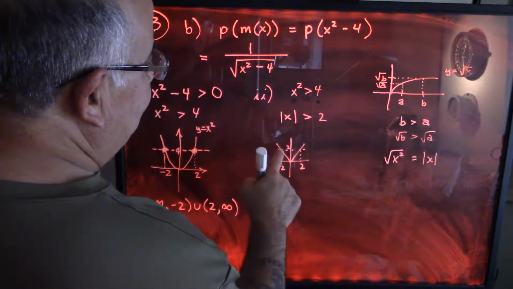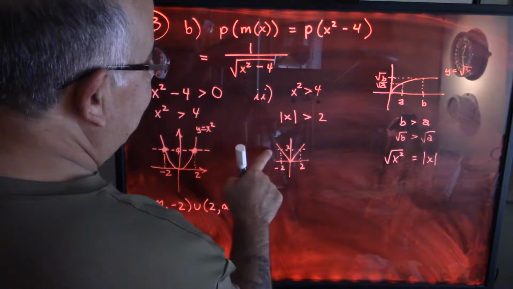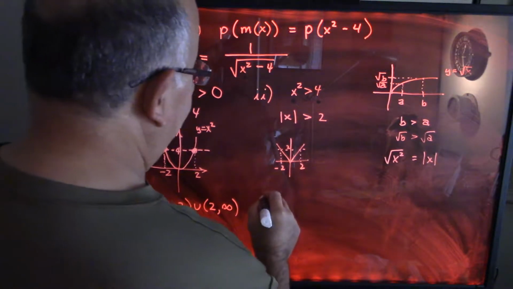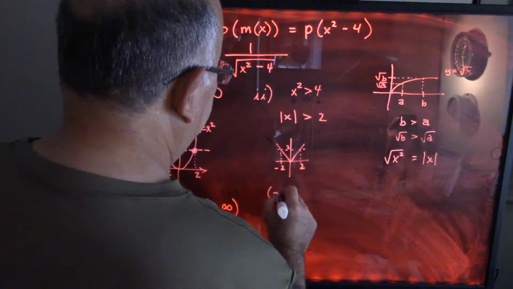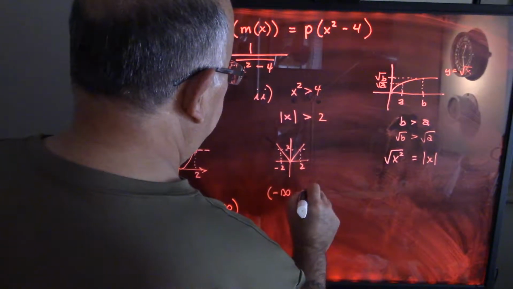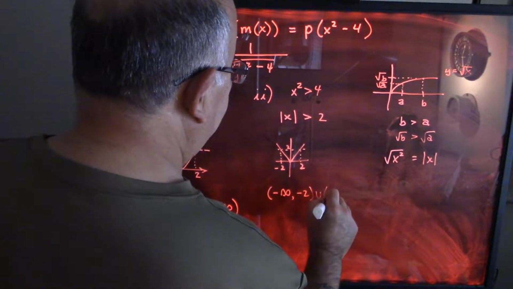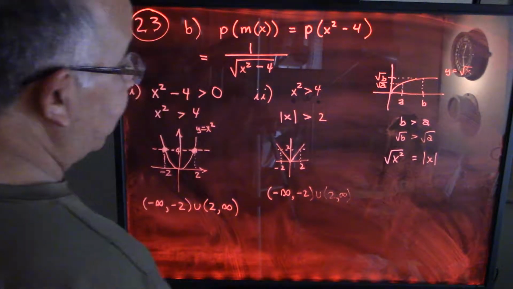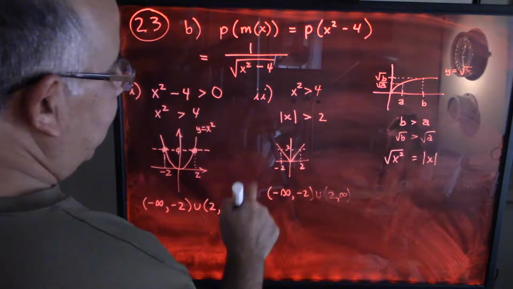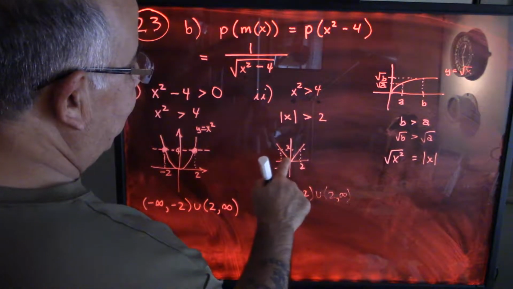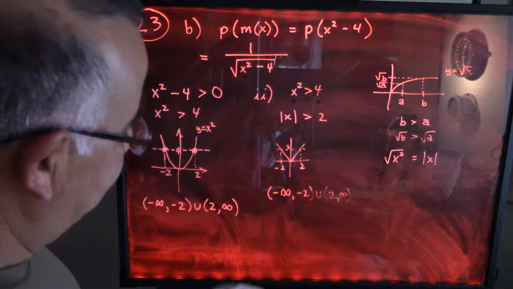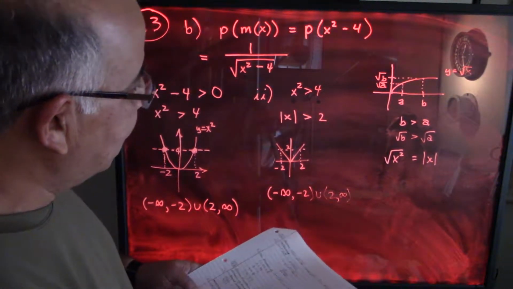So where is the absolute value greater than 2? It's right here and to the left, and right here and to the right. All right, so left of -2 and to the right of 2. Okay, so there you go. In between, of course, it's going to be below 2. All right, so there's another method.